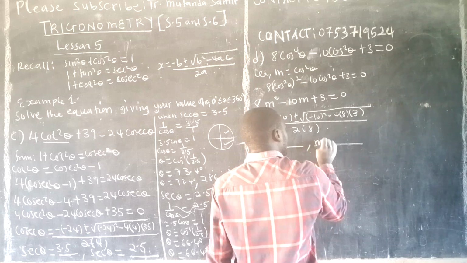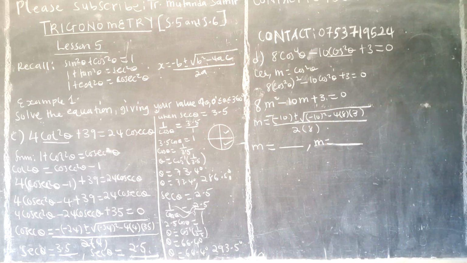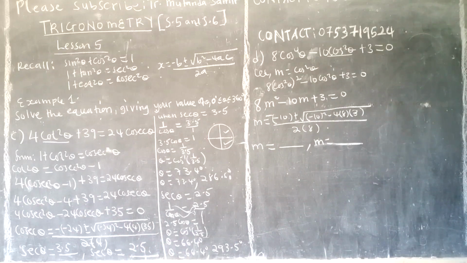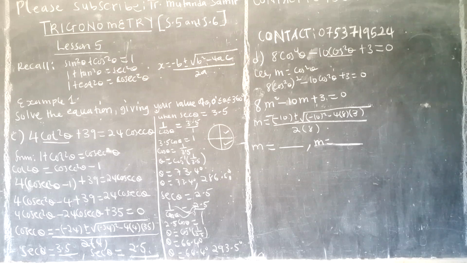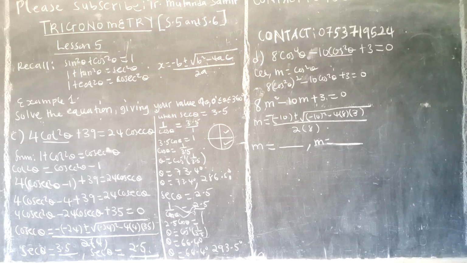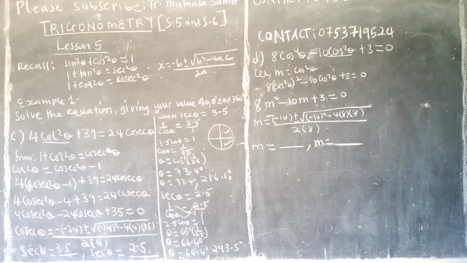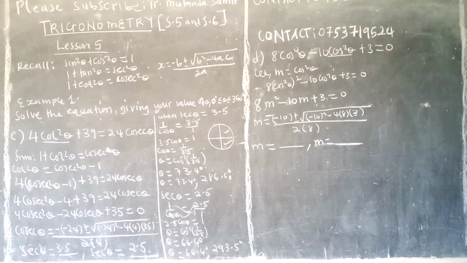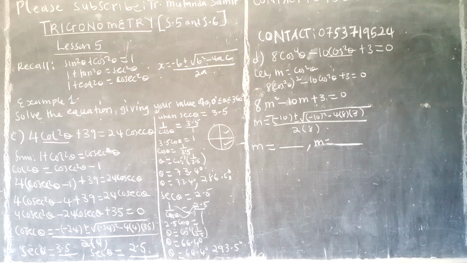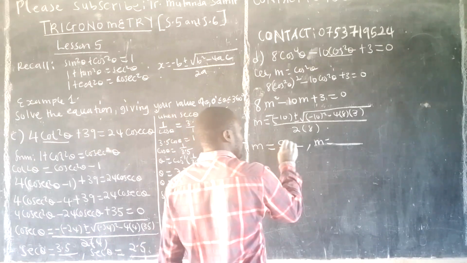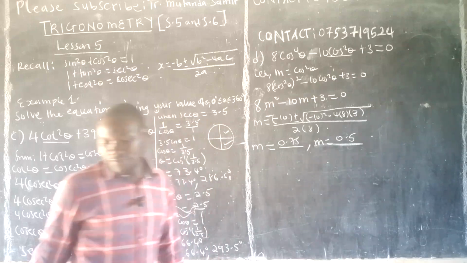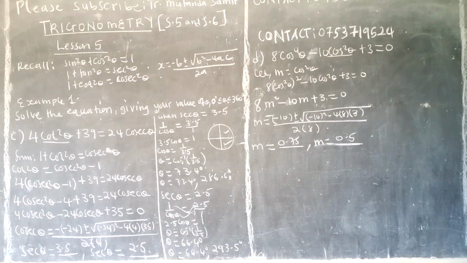If you press it in your calculator, the first m will be 0.75, and then this one is 0.5, if I'm not mistaken. All right, 0.5. Then let's proceed.